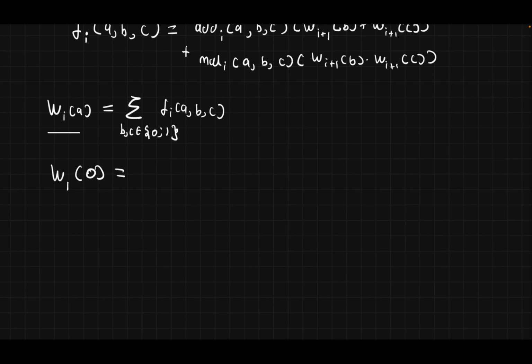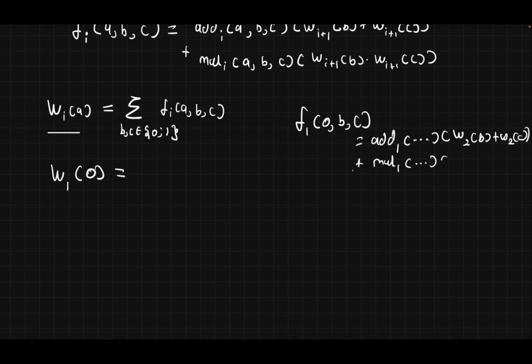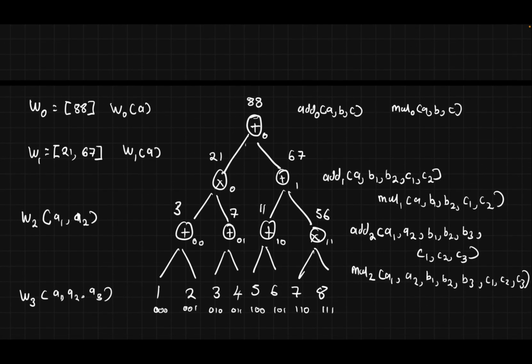We're going to be using F1 of 0, B, C. Does this make sense? Which is the same thing as add 1 times W2 of B plus W2 of C, and plus mult 1 times W2 of B times W2 of C, right? So we're evaluating the entire BC. Now for W1, the BC is what? It's 2, 2, right?